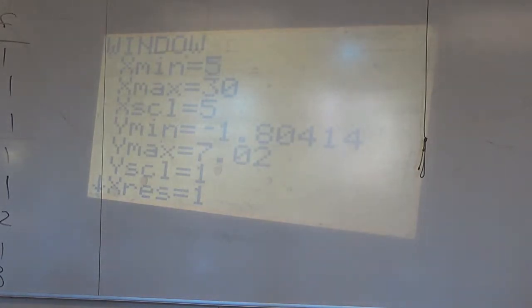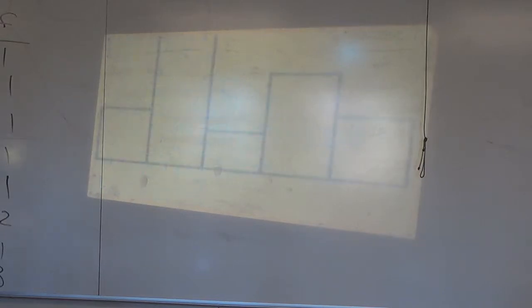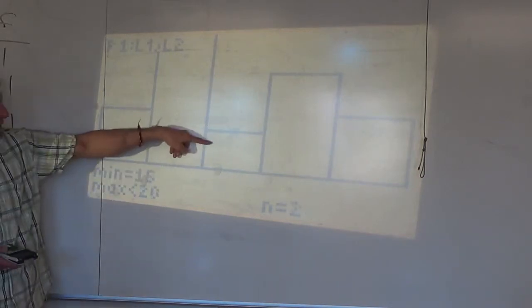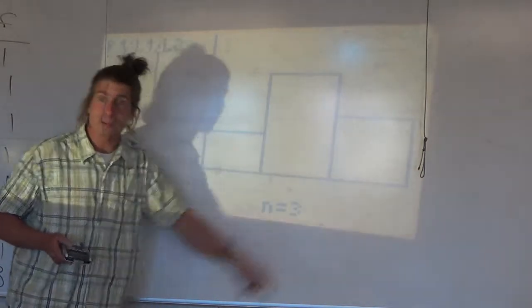I want to double it to 10 bars. What will I have to change X scale to do that? Remember, X scale is how wide each bar is. When I type X scale is 5 and I press trace, this goes from 5 to 10, 10 to 15, 15 to 20, 20 to 25, 25 to 30.